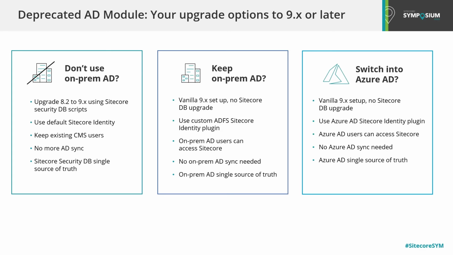Now your AD users can access your Sitecore instance. No Azure AD sync is necessary since you are using Sitecore Identity. Azure AD is now your single source of truth for identity management. All of these three upgrade options, all we are saying here is Sitecore Identity is our answer and our way forward.